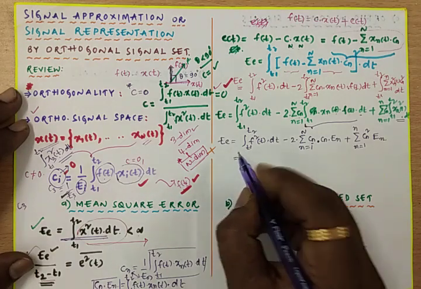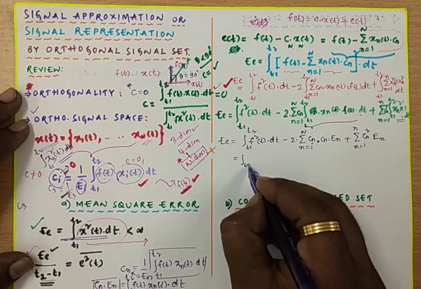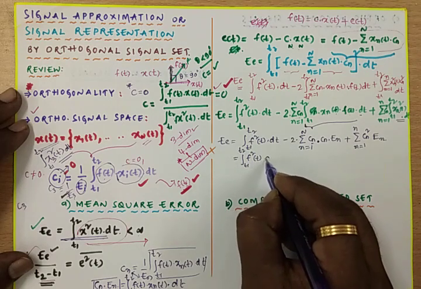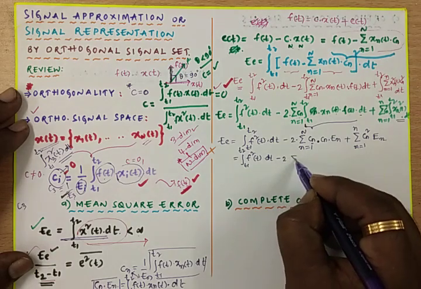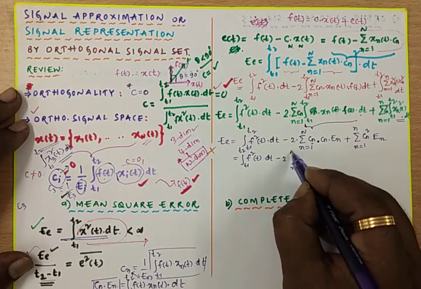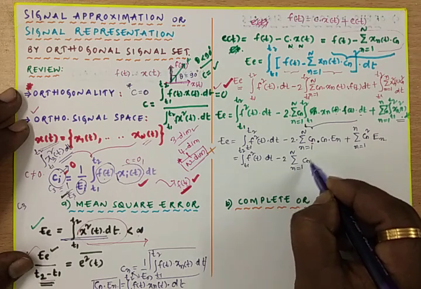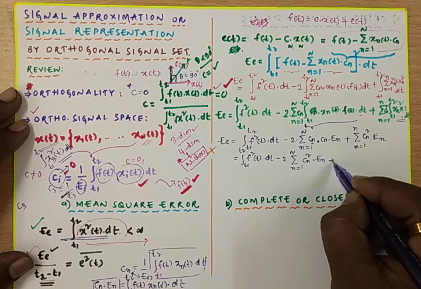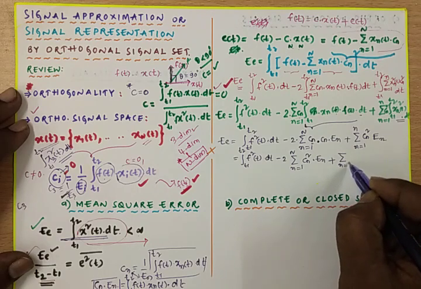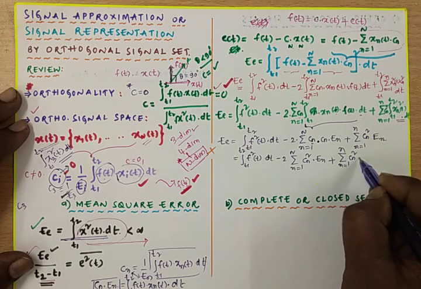Now see this one, the integral T1 to T2 of f square t dt minus 2 into sigma n equals 1 to infinity Cn into Cn, that is Cn square into En, and plus sigma n equals 1 to N Cn square into En.